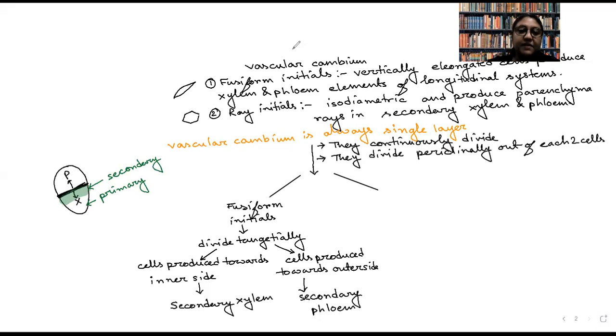And similarly, if I look into this structure, the pink one will be secondary phloem, and this is the primary phloem. Understood the meaning of tangential? Yes or no? Okay.